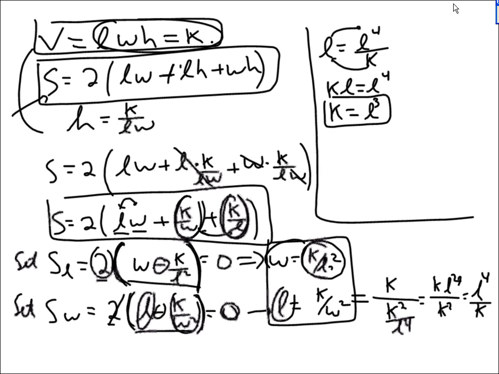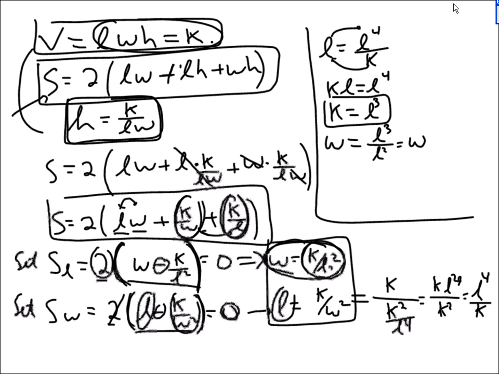So we know this. We know W is K over L squared. And that tells us that W equals L, which is just what we wanted. Okay, now we come back to the left, and we remembered that we solved for H at some point. H is K, which is L cubed, divided by LW.